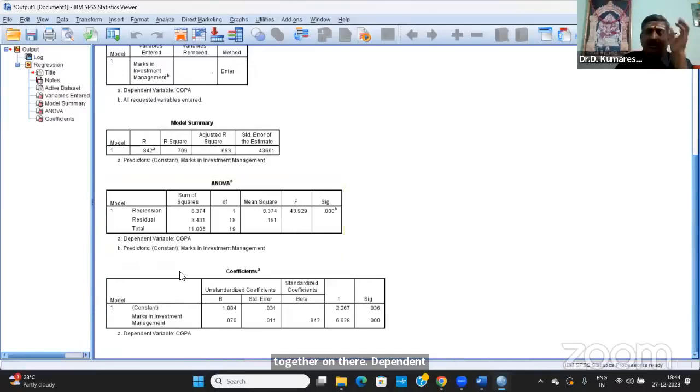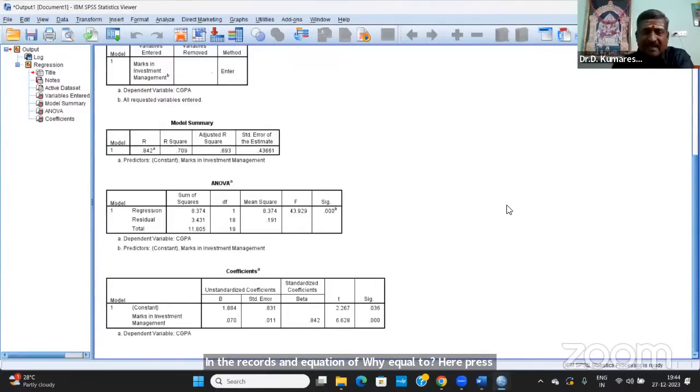What is the dependent variable? It is given, CGPA. What are the constant and marks in investment management? I know this. Constant is the intercept in the regression equation of y on x, y equal to a plus bx.